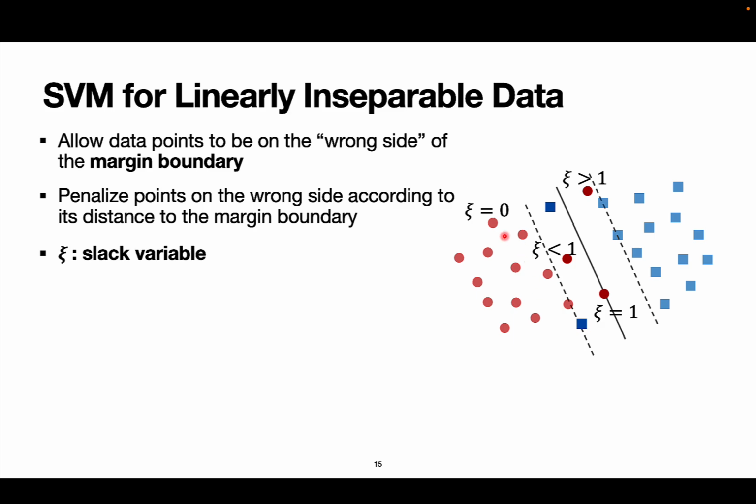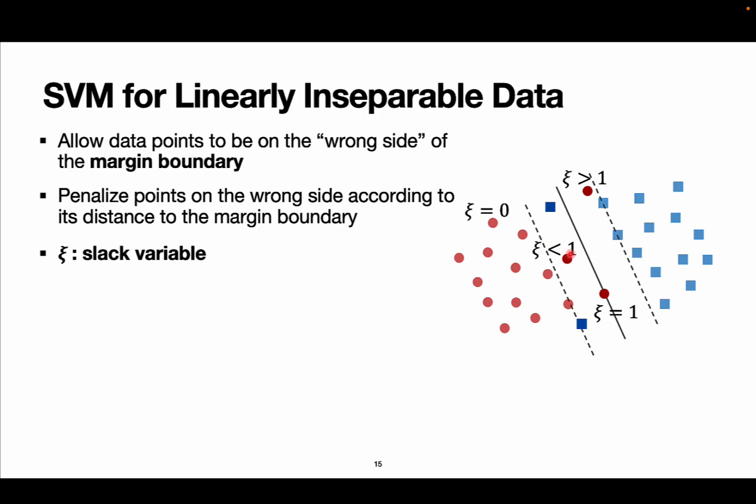For these light red points and light blue points, the value of xi i equals 0 because these points are on the right side of the margin and also outside the margin boundary. So there is no violation and no action needed. Now let's pay attention to what's going on inside the boundaries.